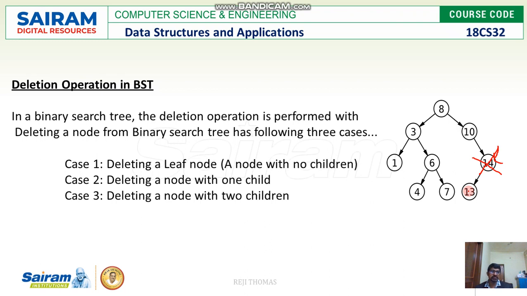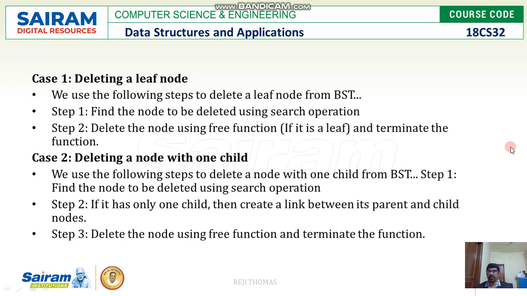So where should I attach this? You have to compare this 13 with 10. 13 is larger than 10. So this should be attached to the right of 10. So you are going to attach this. So that is the case with deleting a node with one child.